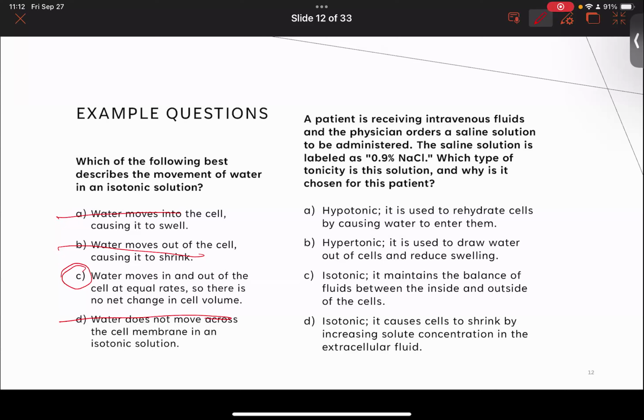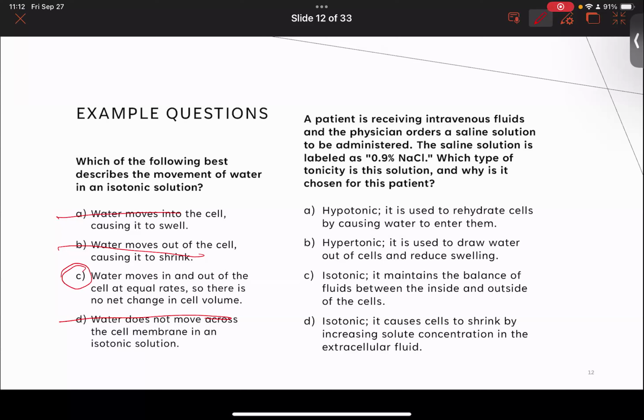A patient is receiving intravenous fluids and the physician orders saline to be administered. The saline is labeled as 0.9% sodium chloride. Which type of tonicity is the solution, and why would we choose that for the patient? This might be a little harder if you aren't able to understand the hypotonic and isotonic and the effects they might have on the cell.